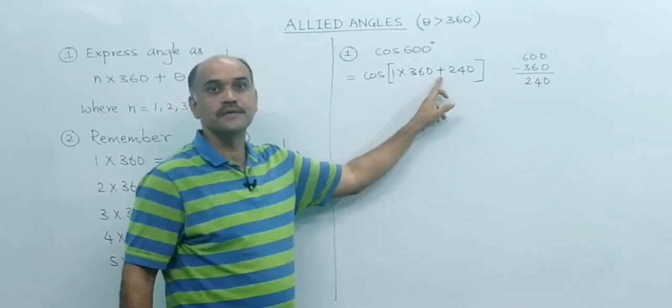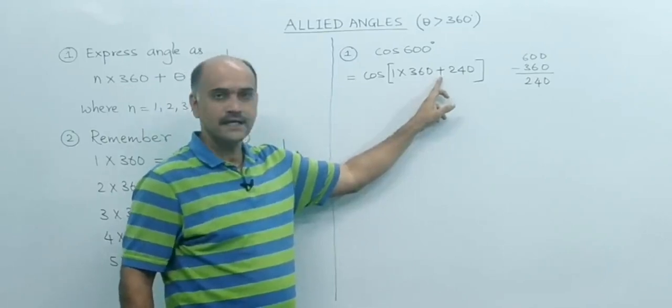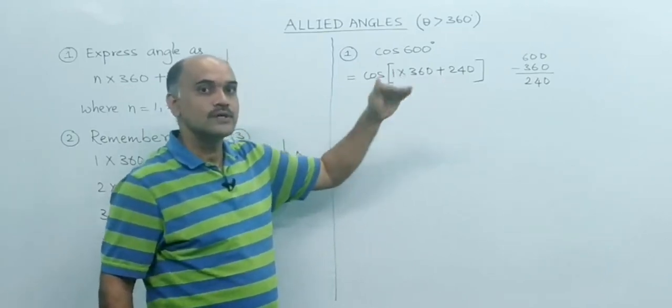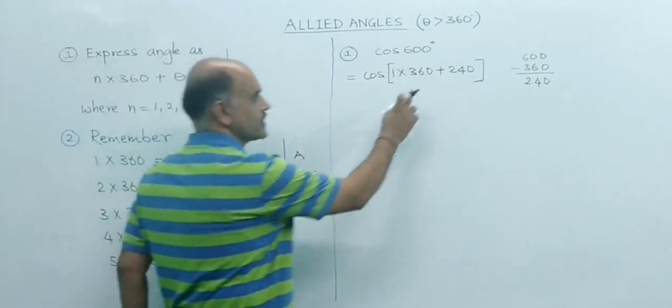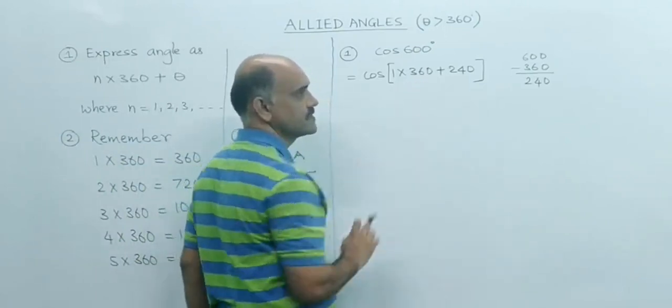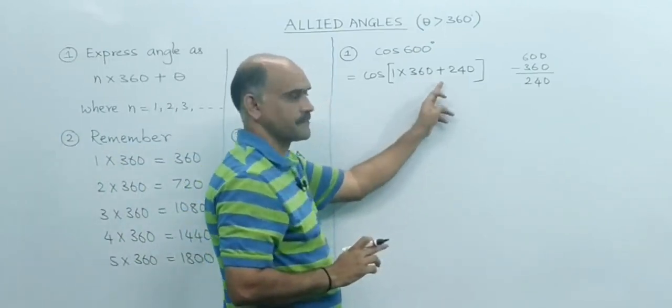Compulsory here it should be plus. Don't write it as 2 into 360 minus 120. Here you should never get minus. Here always it should be plus.